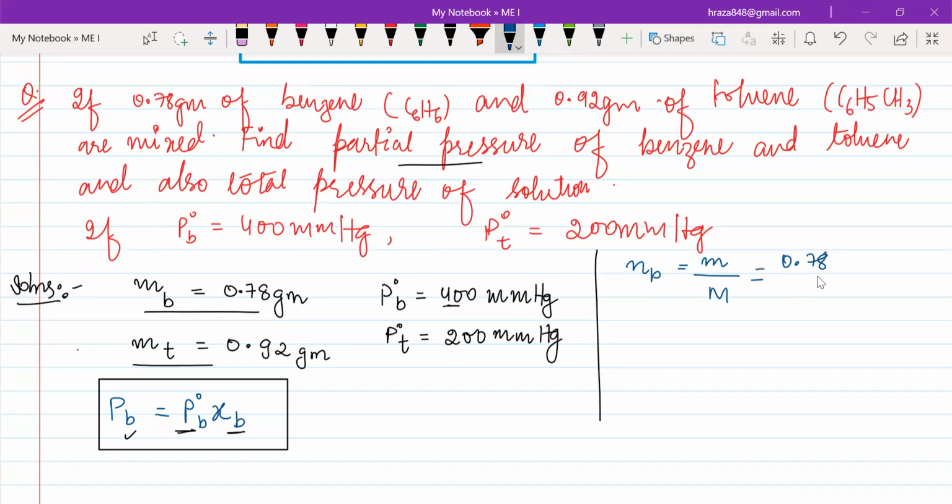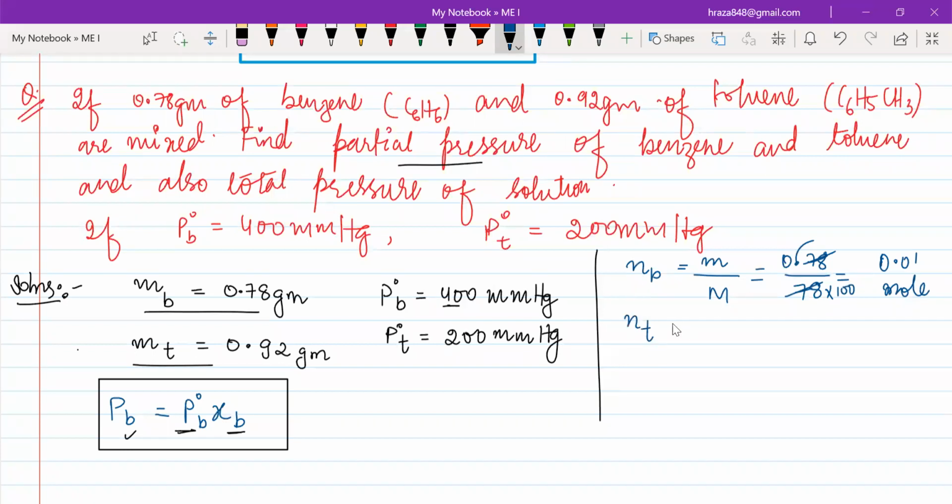What is the molar mass of benzene? Can you tell me, Alan? Molar mass of benzene will be 78, sir. So if you remove this decimal, 78 by 78 cancelled, 0.01 mole. This is the number of moles of benzene.